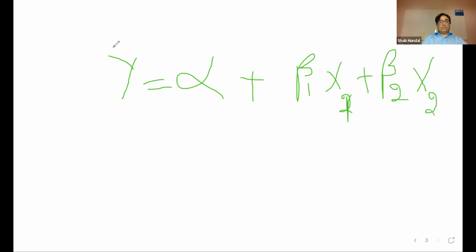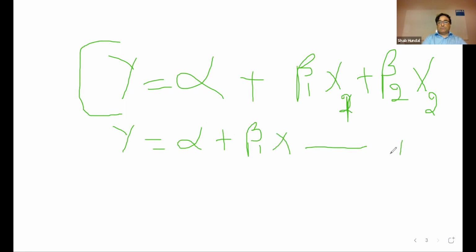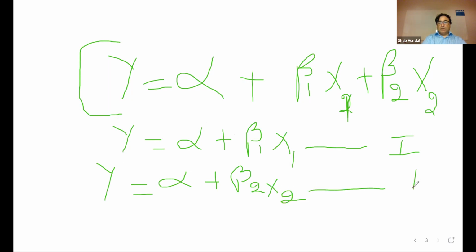In this case, this was meant to be our original model, but we can create two models. We say that y is equal to alpha 1 plus beta 1 x1, this is model 1. And then the next model is y is equal to alpha 2 plus beta 2 x2, and this is our model 2.